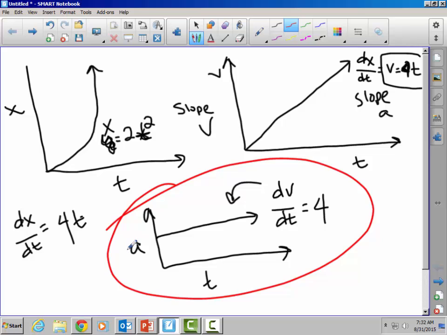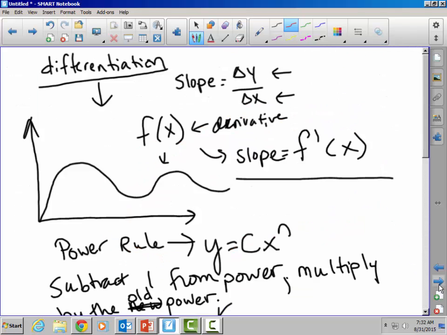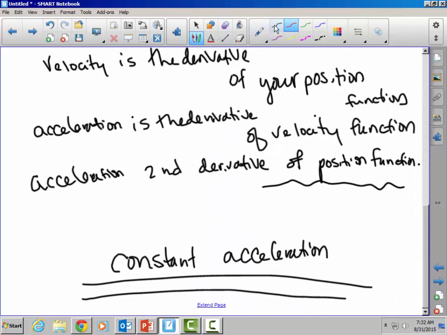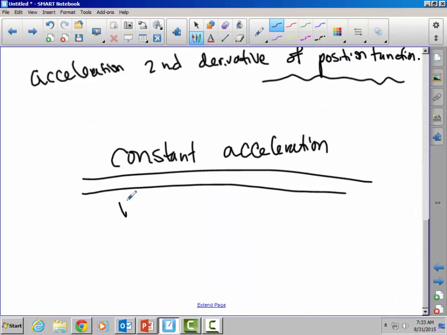Calculus is not really needed unless we wanted to actually find the equation for these functions, but I never asked you for that. Instead of using calculus, we can just use our good old kinematics to solve for situations where we have constant acceleration happening.